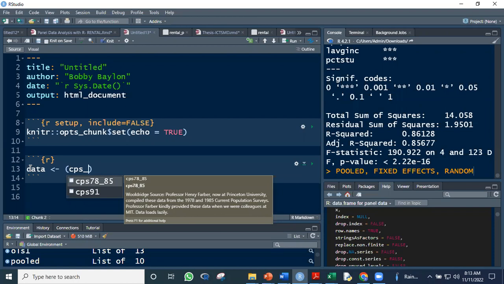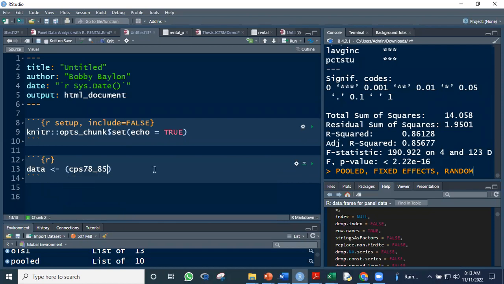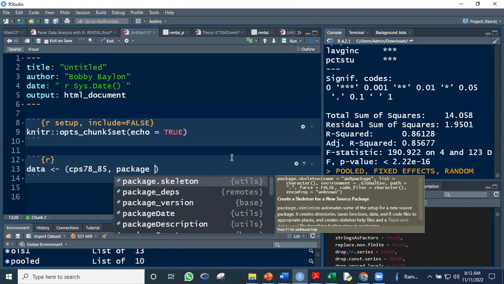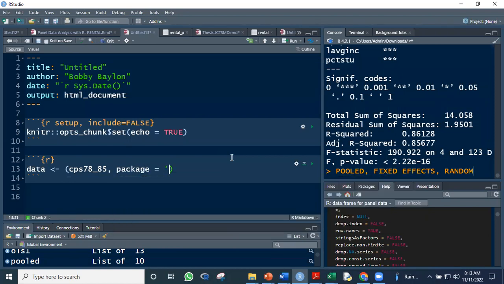This is from Professor Farber of MIT, CPS, a comparison between 78 and 85.